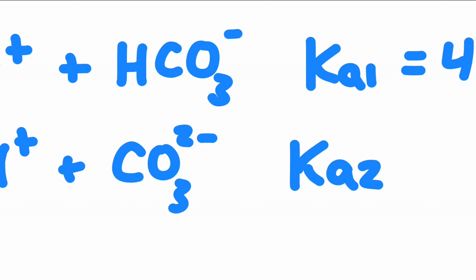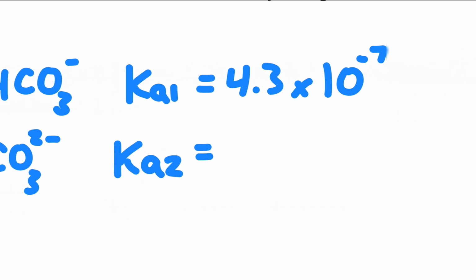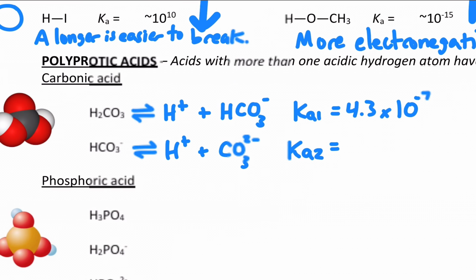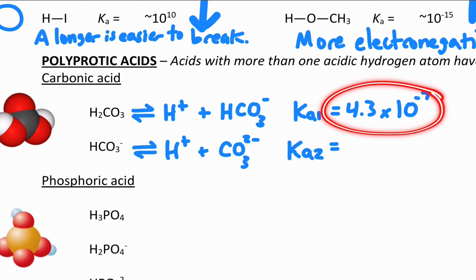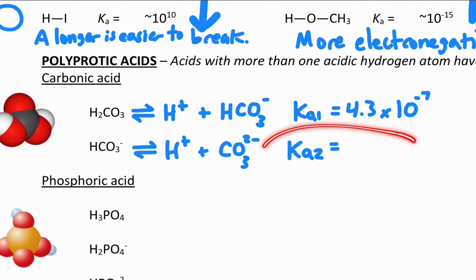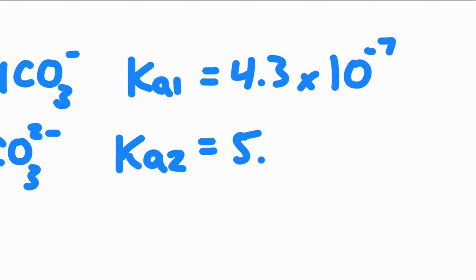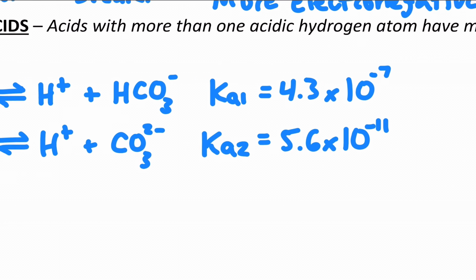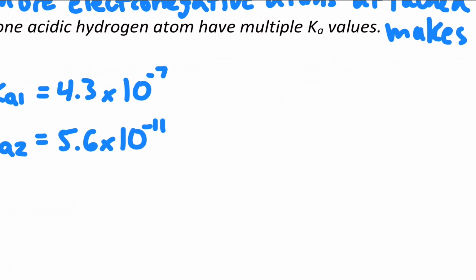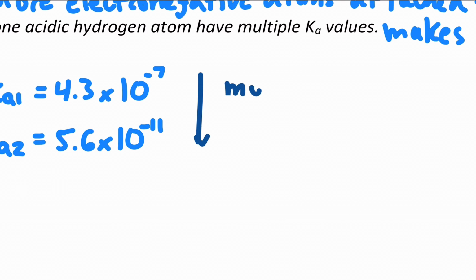We call it Ka2, meaning how likely it is to lose the second acid. And you might guess, compared to the magnitude of the first Ka value, the second Ka value is even smaller. It's that much more difficult to remove an H from something that's already lost an H plus and is now negatively charged. So it's more difficult to lose successive H's.